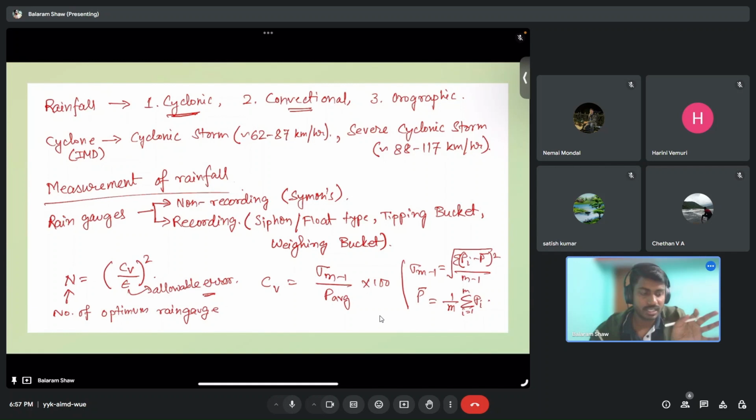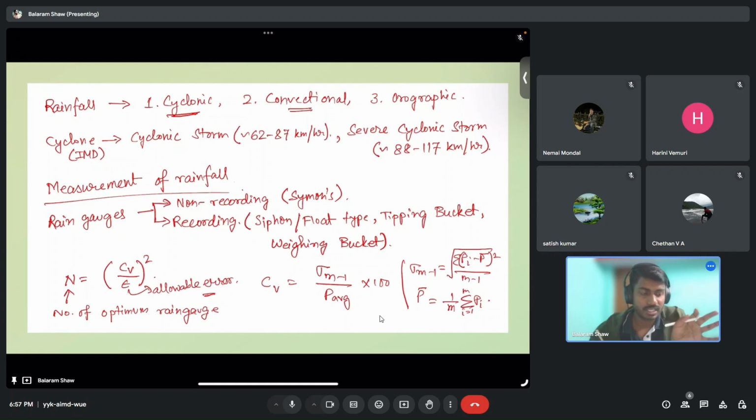Okay. Next question is, the mass curve of rainfall is a plot... Before going to the mass curve, now we know how the rainfall is measured using on-ground manual techniques, or using satellite estimates or radar and so on. Now we have measured the rainfall. Now what to do?